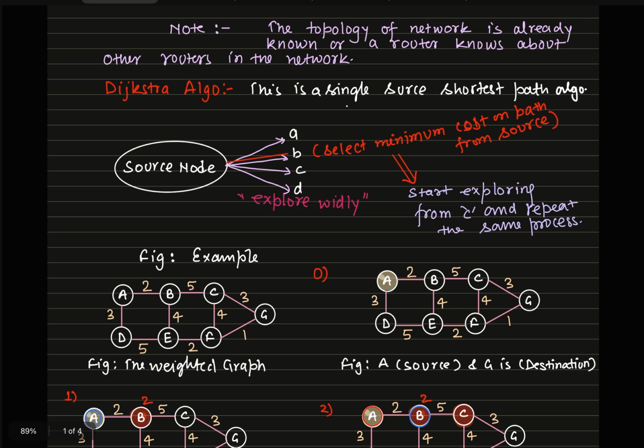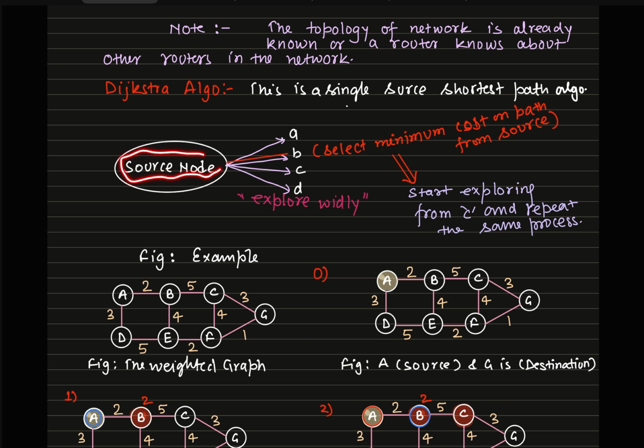Suppose we have a source. What does the algorithm return to us? It returns the shortest path from a source to other routers, other devices. What is the process behind the Dijkstra algorithm?